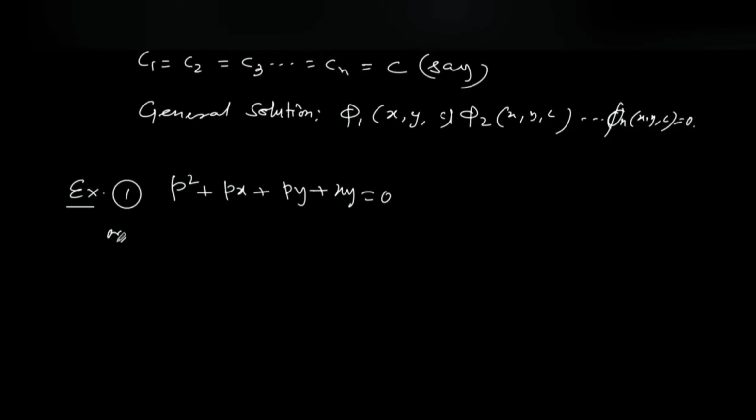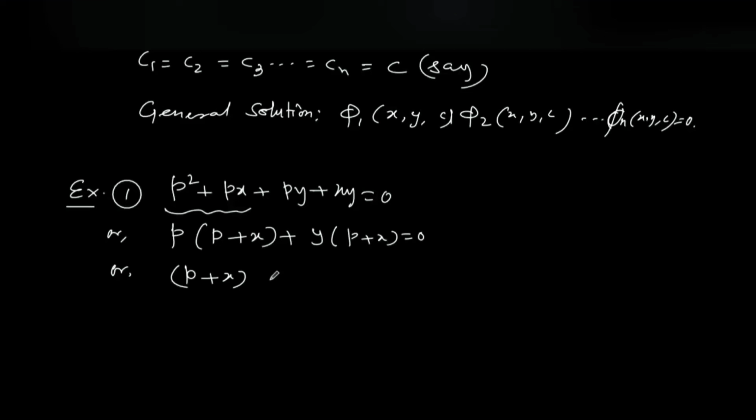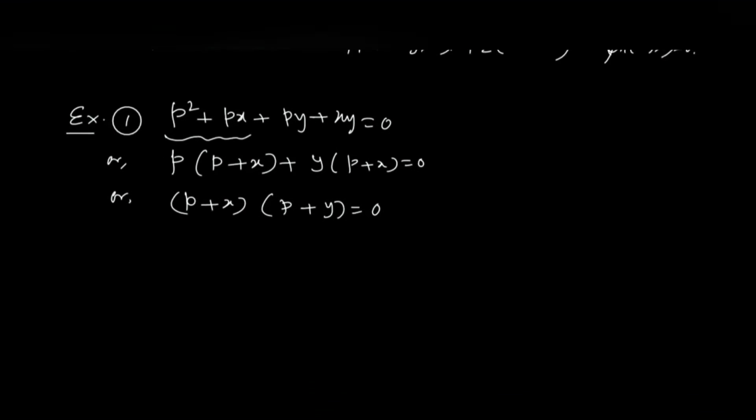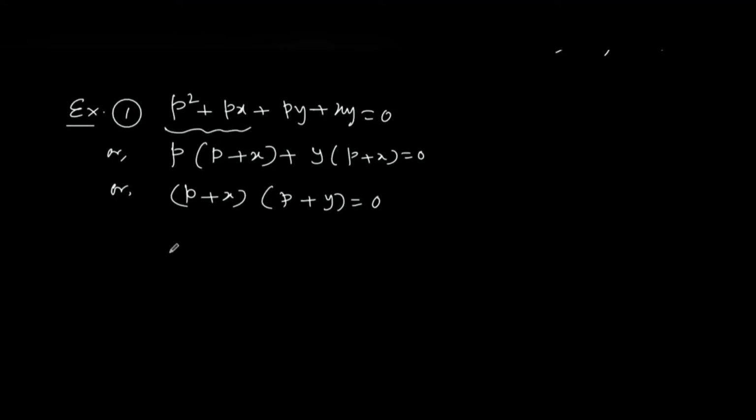Now see, if we take p common from the first two terms, we get p(p plus x), and from the second two if we take y common, y(p plus x) equals 0, or this can be written as (p plus x)(p plus y) equals 0, and this happens only when p plus x equals 0 or p plus y equals 0.